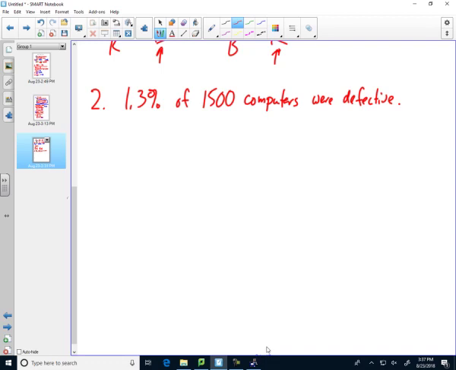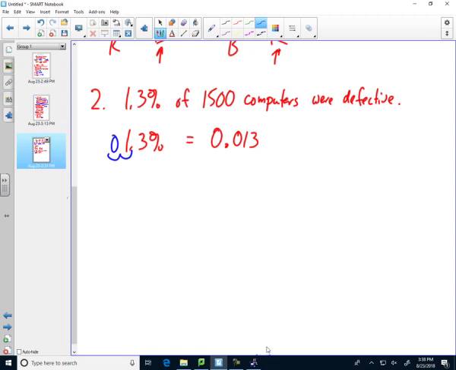So what we're going to do here? Well, first thing we're going to have to do, regardless of whatever else happens, is we've got to change that 1.3% to what? Decimal. So 1.3% is, what is it? Okay, is everybody with us? Because we need 1 decimal place, 2 decimal places.